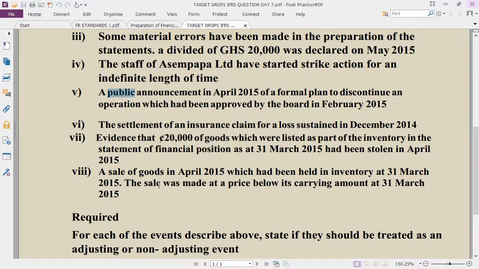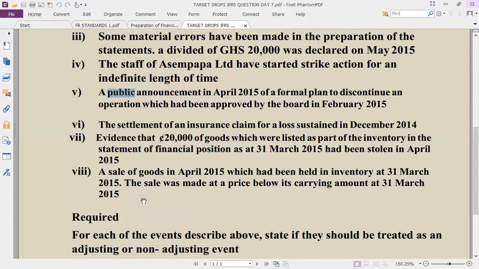This is adjusting, because this settlement is to cover a loss incurred in December 2014. That is before our financial statements end. So that becomes an adjusting event.